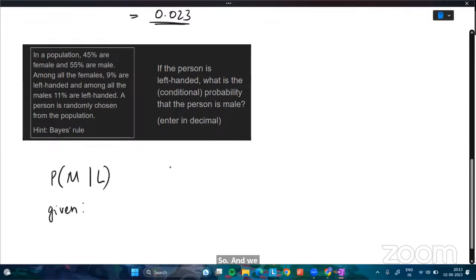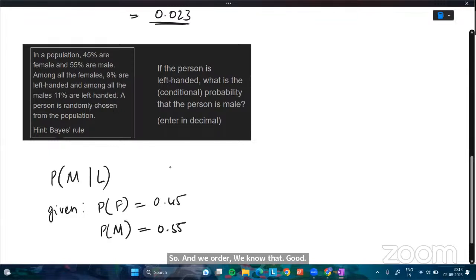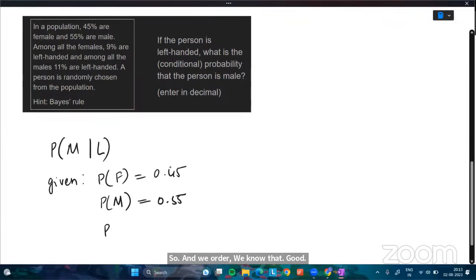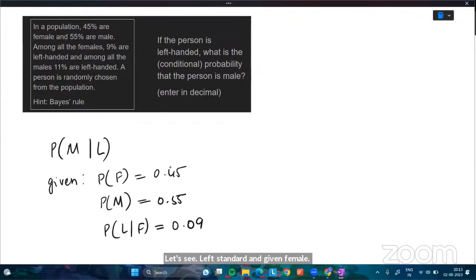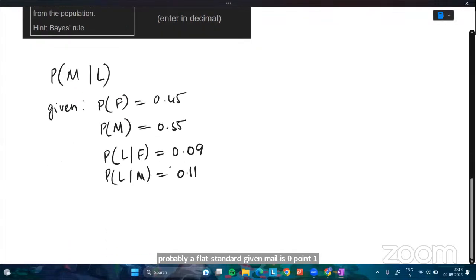Probability of female is 0.45, probability of male is 0.55, probability of left-handed given female is 0.09, and probability of left-handed given male is 0.11. All of these are things we know.